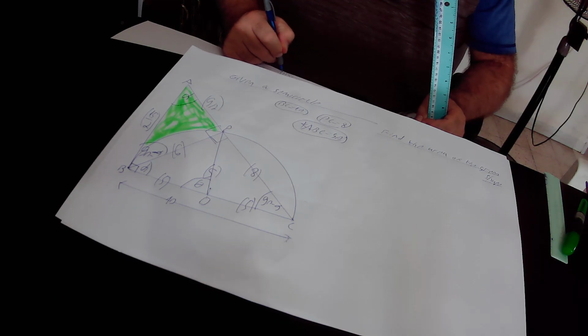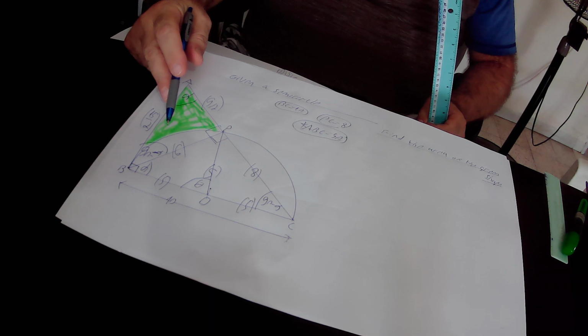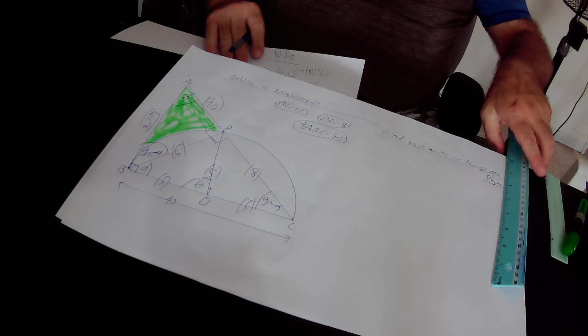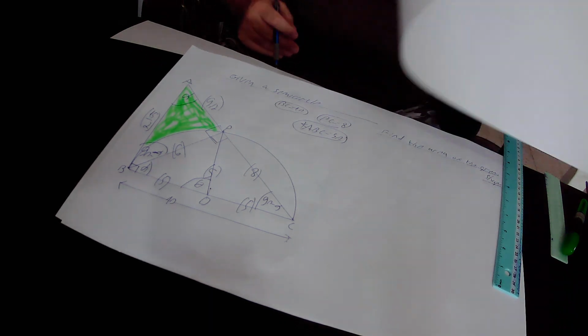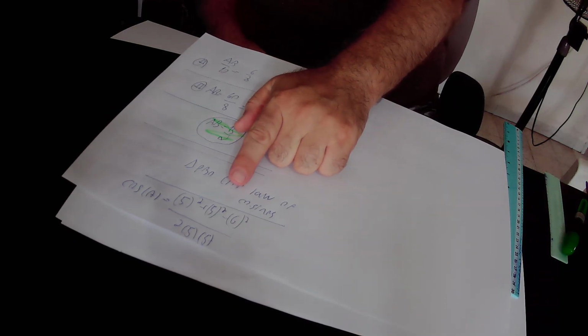To repeat, in this triangle BOP, cosine theta equals 5 squared plus 5 squared minus 6 squared over 2 times 5 times 5.